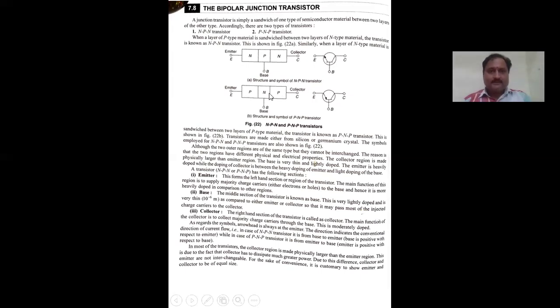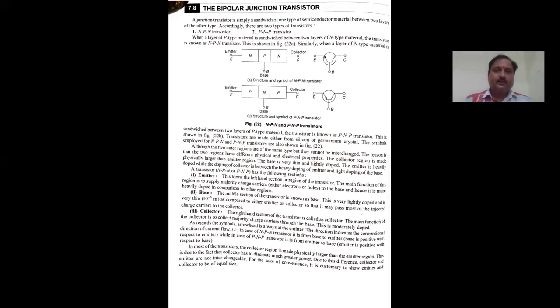It is a sandwich of semiconductors. Simply, a sandwich of one type of semiconductor material between two layers of the other type.